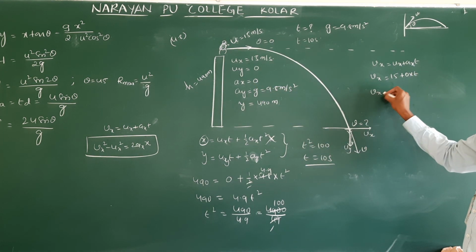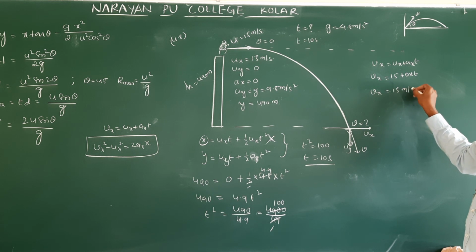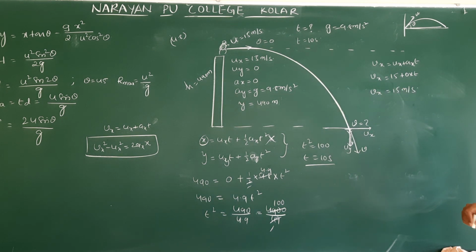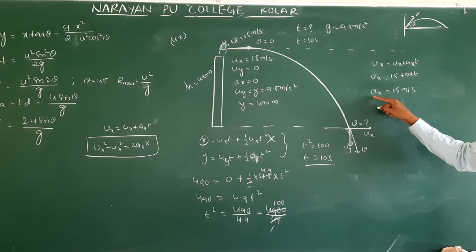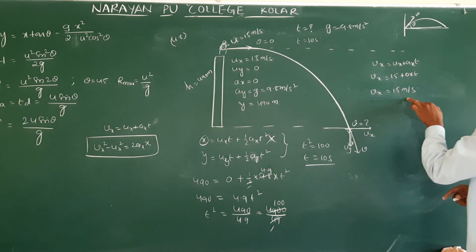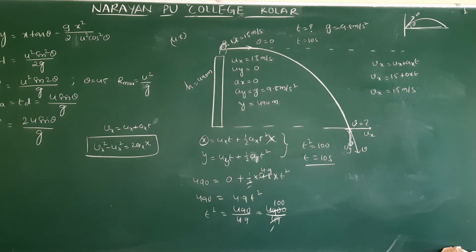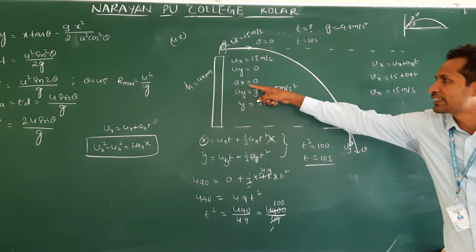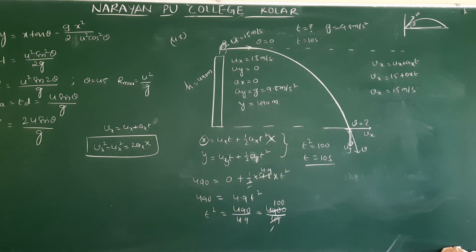So Vx is equal to 15 meters per second. See, along the horizontal, whatever the initial velocity is, the same remains along the x axis, initial and final. The reason is there is no acceleration along x direction. If no acceleration, there is no change in velocity.